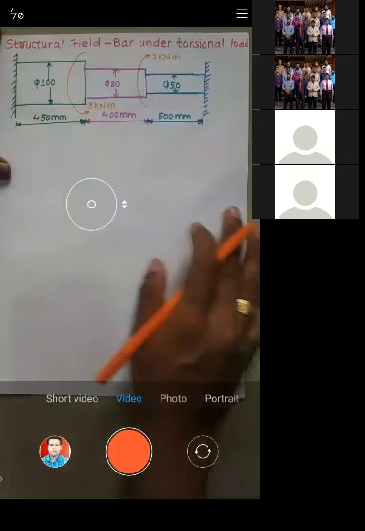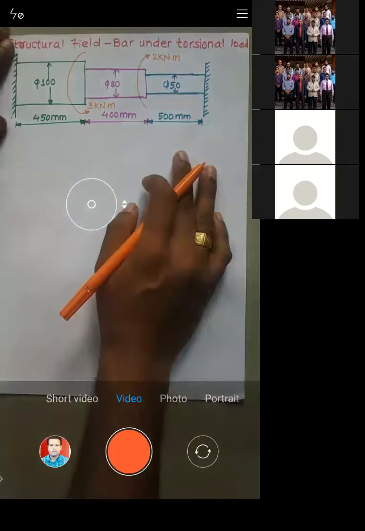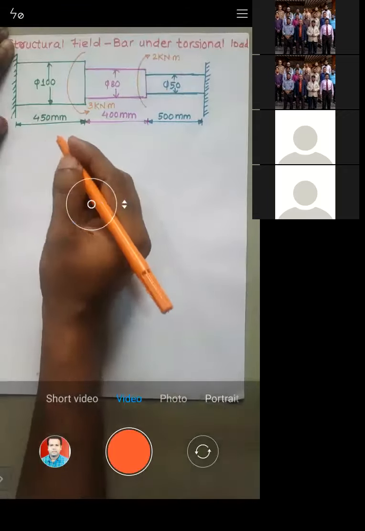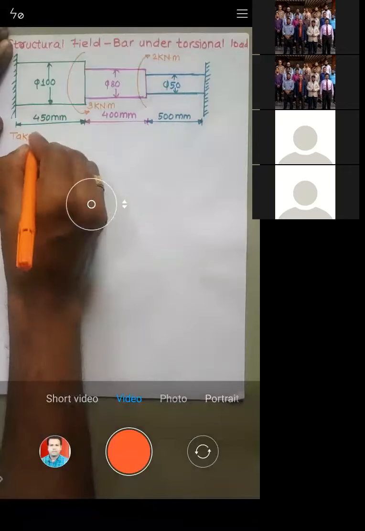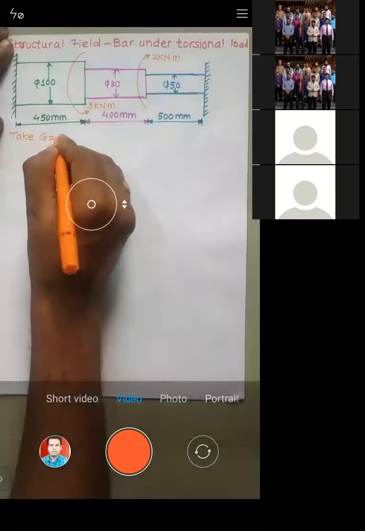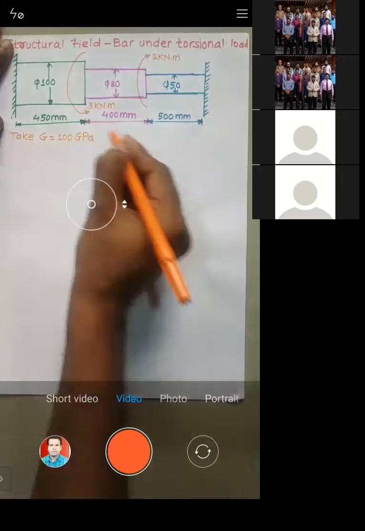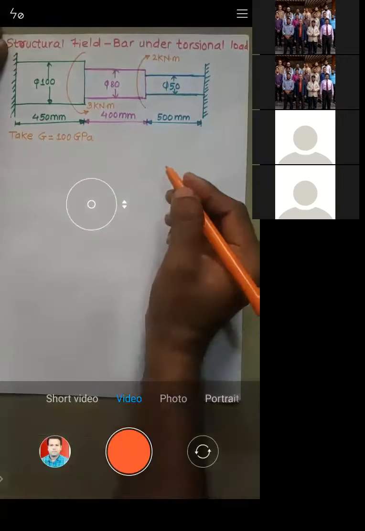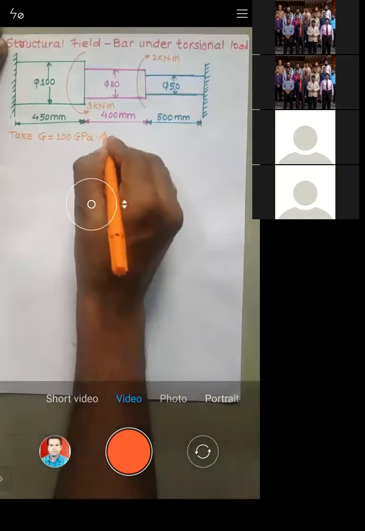Now this entire structure is made up of a material with G as 100 gigapascal. They're asking to take G as 100 gigapascal, and to analyze it completely.